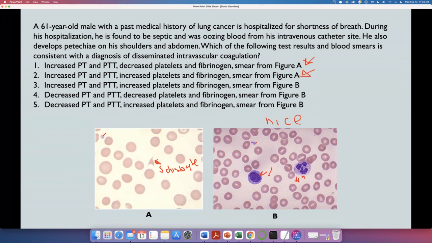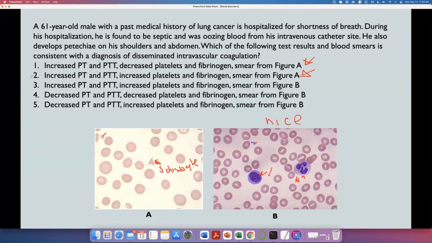If this guy is so bad, of course, I will still choose the A. I don't think this guy with all that past history or all these problems will have a nice smear. So increased PTT and PT, decreased platelets and fibrinogen.